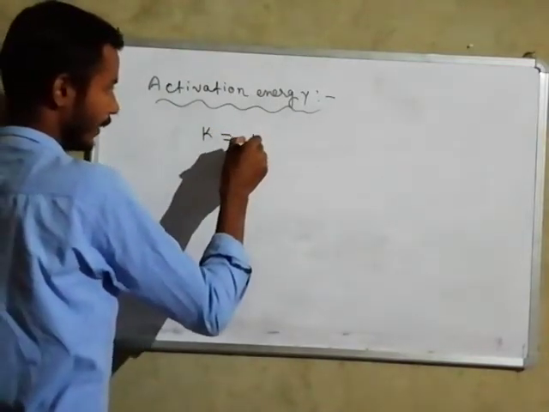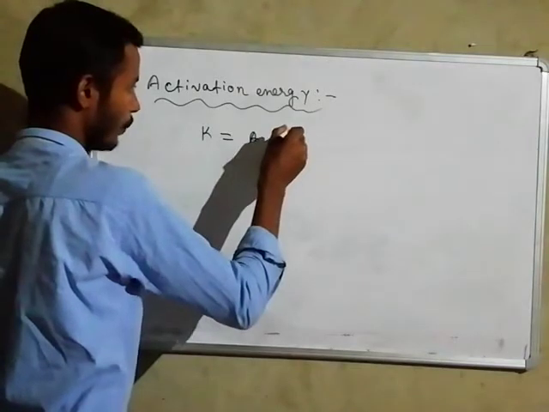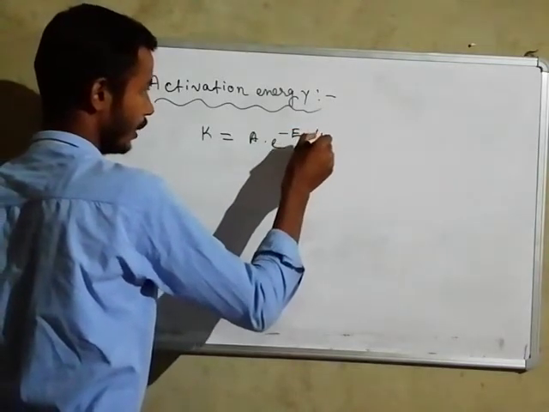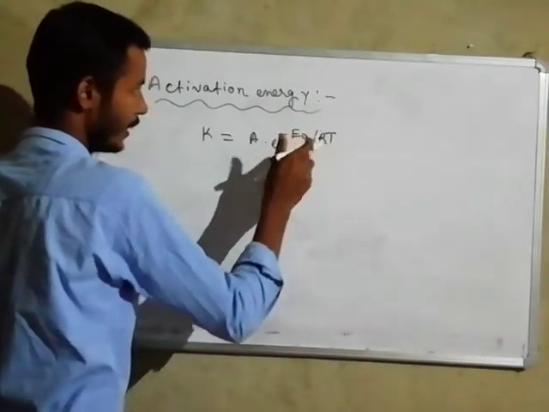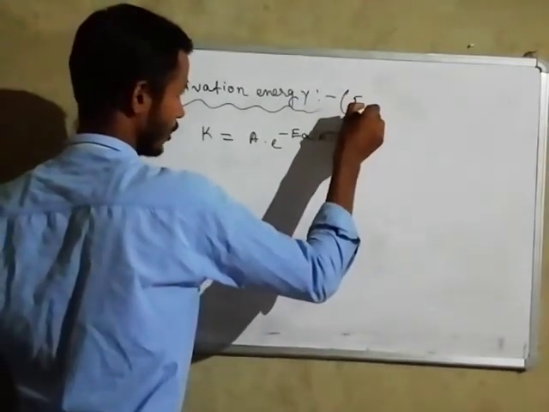K is equal to A into e to the power minus EA by RT. So here, this is the activation energy.